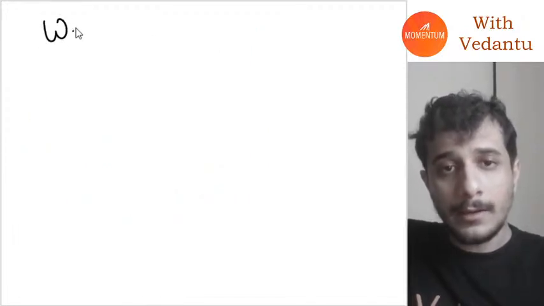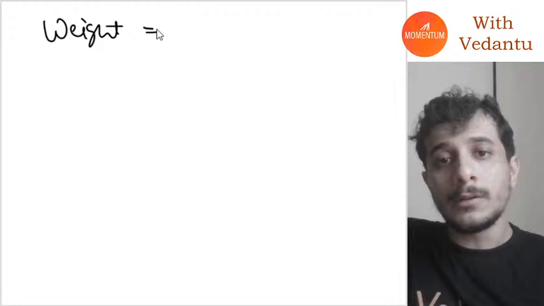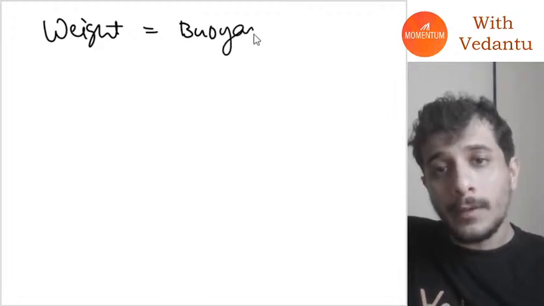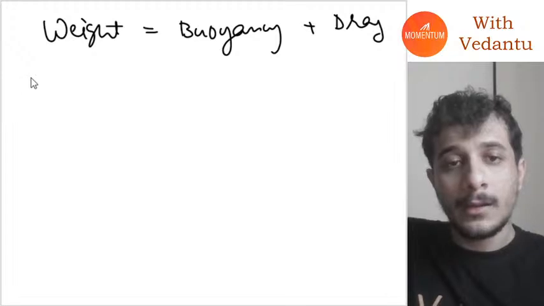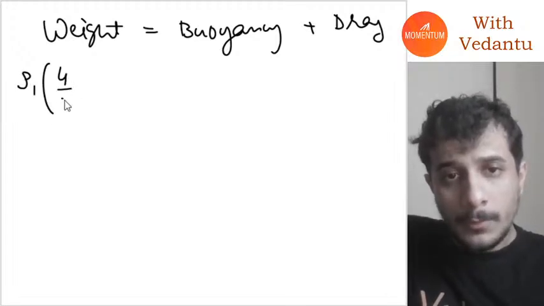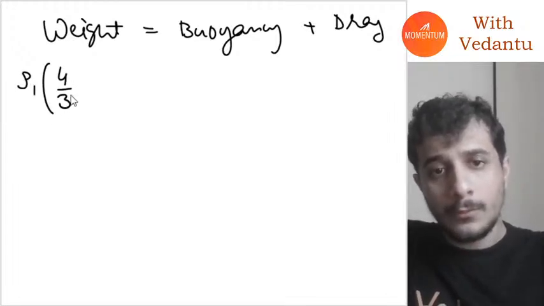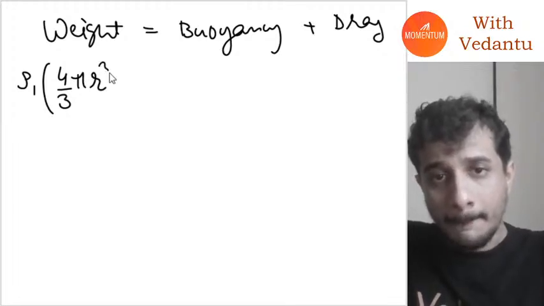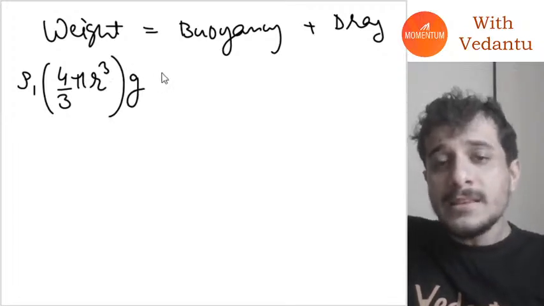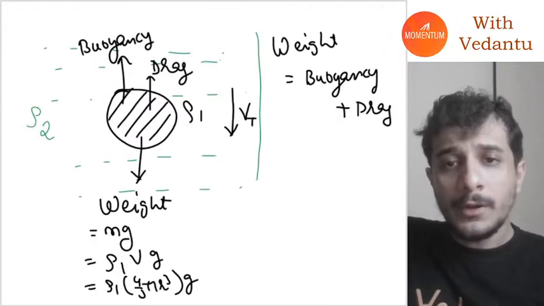Substituting that, I can write if weight is equal to buoyancy plus drag, I can write rho 1 into 4 by 3 pi r cube into g is equal to, what will be force of buoyancy on this, guys?